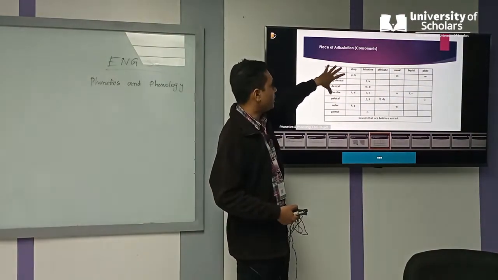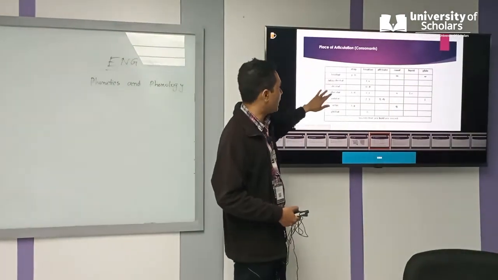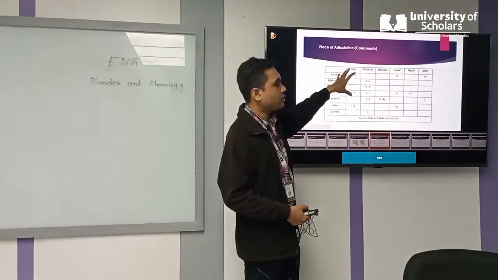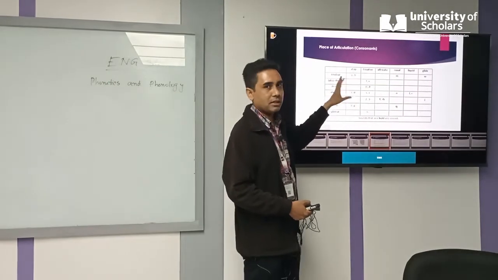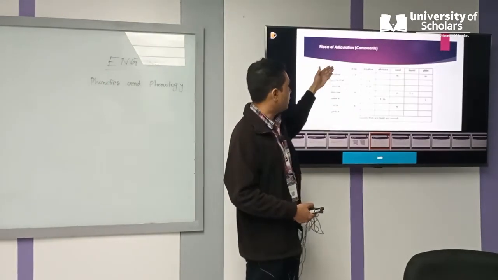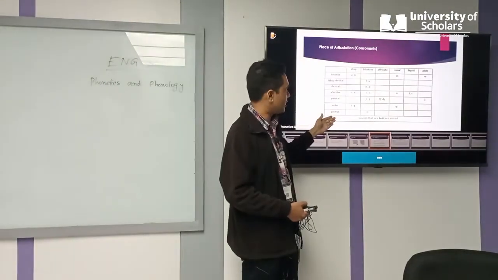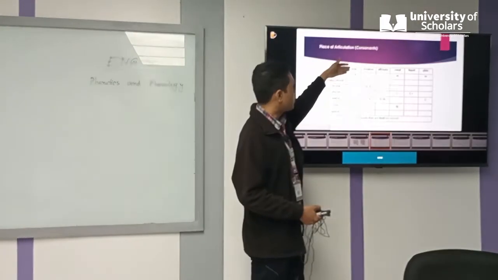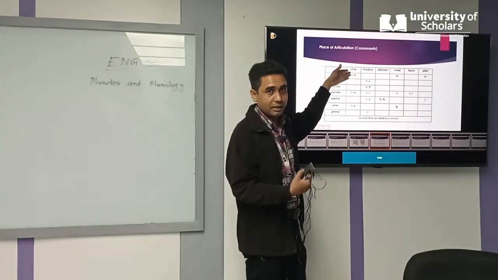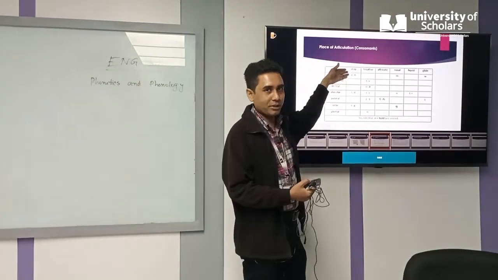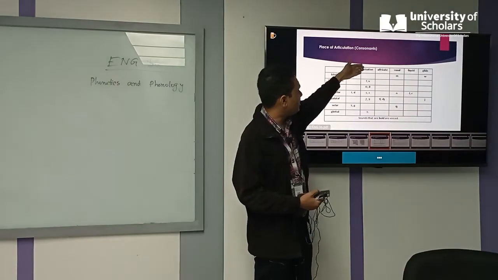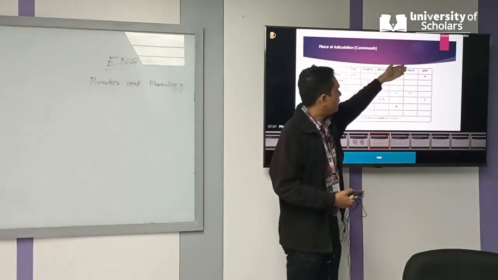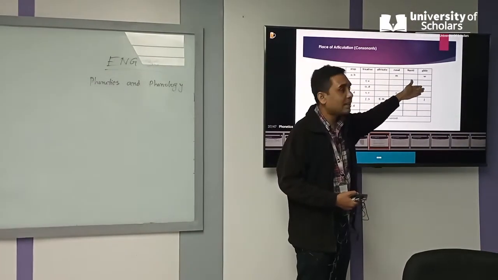That means this chart covers both the place of articulation and manners of articulation. If you know this chart, then you know all the manners and all the places of articulation. So, these are the places we have covered in the last class. Today, we have just discussed the manners of articulation. Stop, or another name for stop, plosive. So, stop or plosive, fricative, affricate, nasal, liquid, and finally glide.